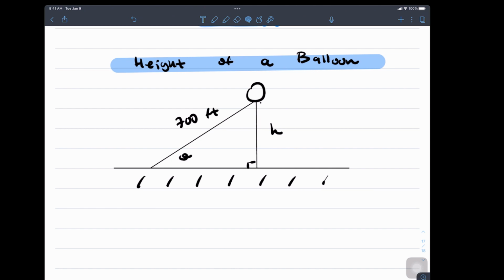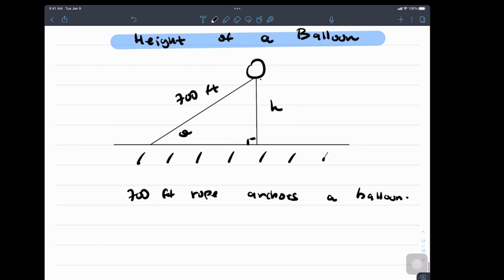So they're going to say a 700-foot rope anchors a balloon. And this is as shown. Find the angle theta.